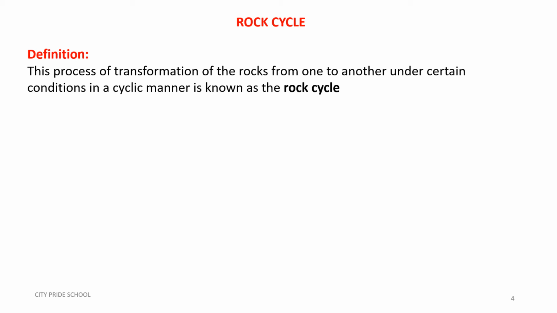As you have all studied the water cycle, the water evaporates, goes up, becomes cool and comes down in the form of rainfall, and again this water evaporates and goes up and comes down. In the same manner, rocks are also formed, or they change from one type of rock to another. Let us see how.